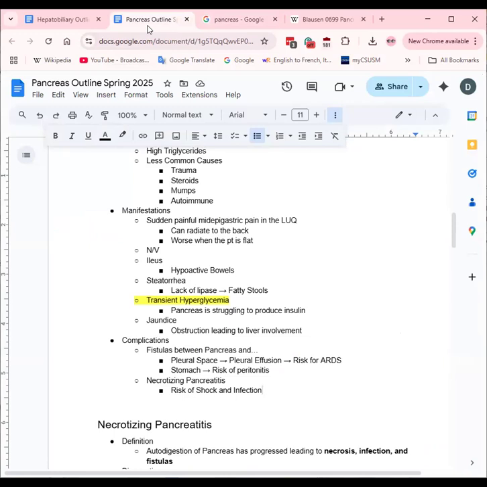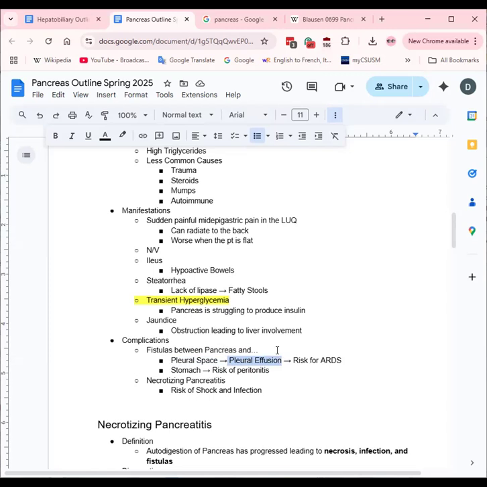So if the pancreas is being broken through because it's digesting itself, you can have the creation of fistulas between the pancreas and the pleural space slash lungs, which now leads to fluid, because your pancreas releases all these hormones and it's all in a fluid-like state. Fluid getting into your pleural space is what's called a pleural effusion. You have fluid in your pleural space.